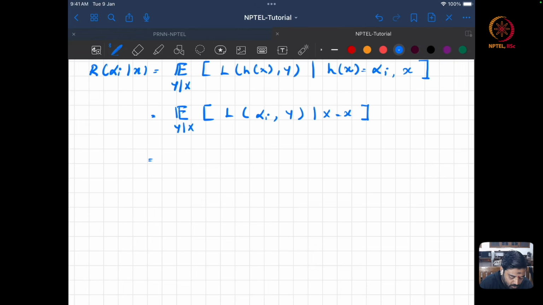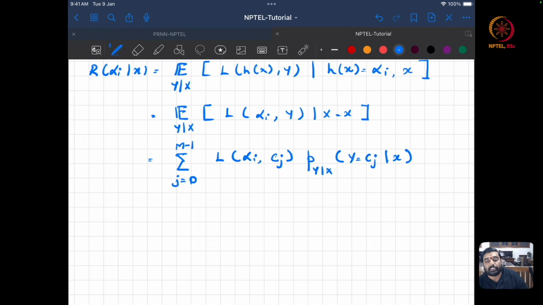So we can write it as a sum over j equal to 0 to m minus 1 of the loss, into p of y given x, when y is Cj for a given input x. Now this y given x is known as the posterior.